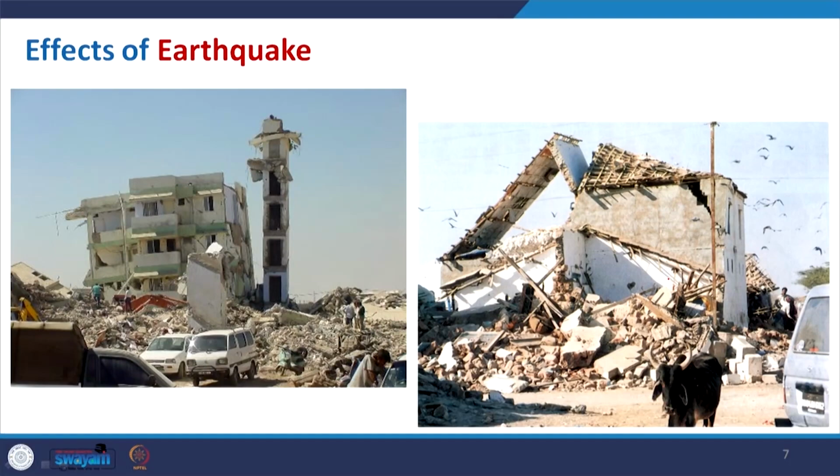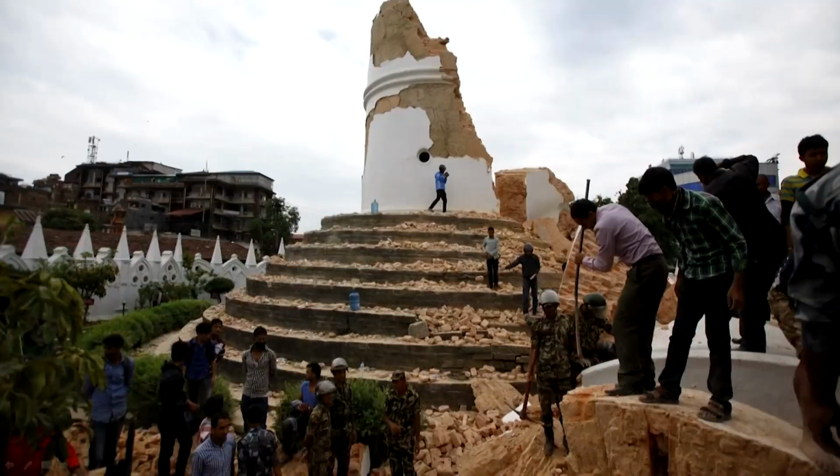Some of them are from the Bhuj earthquake, and some pictures are taken from the context of some countries beyond India. Here you can see the damage. It is self-explanatory how this has collapsed.